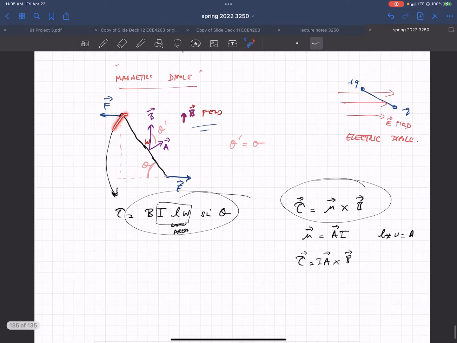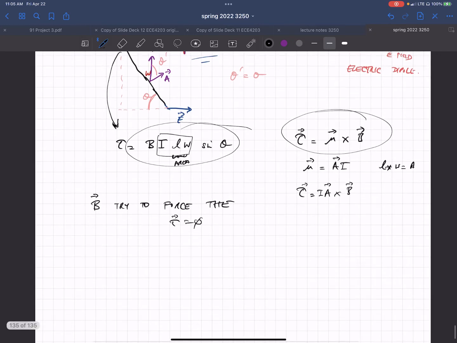So it's going to rotate this guy till that area is parallel to B. So B is going to try to force the torque to be 0, and that happens in two cases.